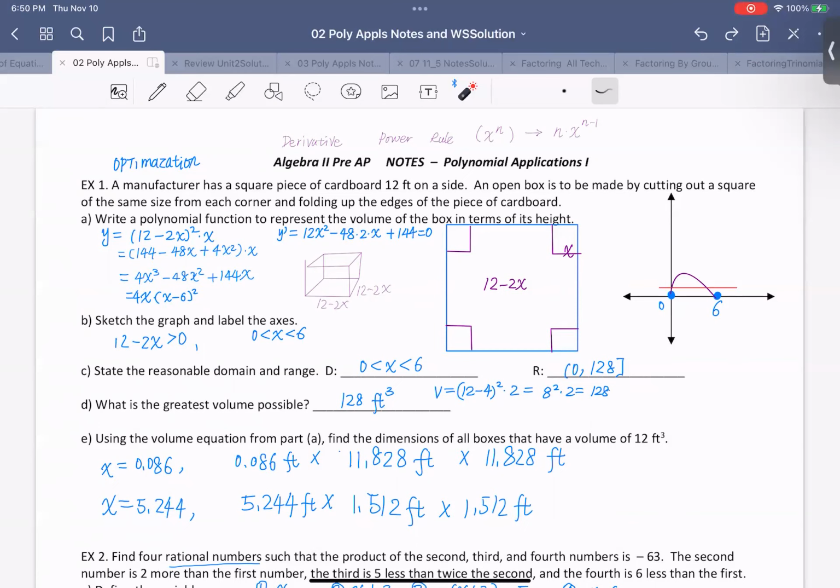So they want to maximize their profit. They know that if they increase the membership fee, more people will leave. If they decrease the membership fee, well, more people will join. So there must be a best point where they can maximize their profit.